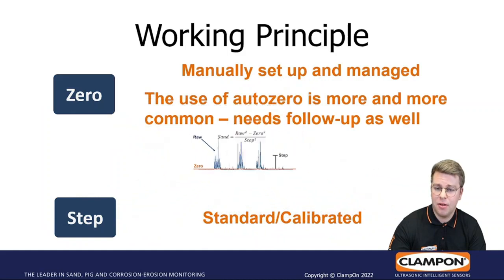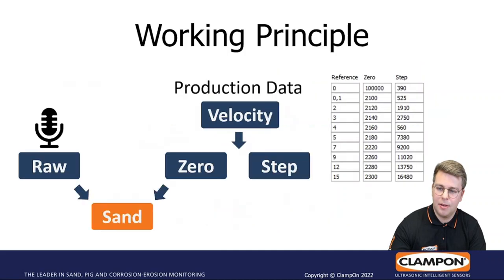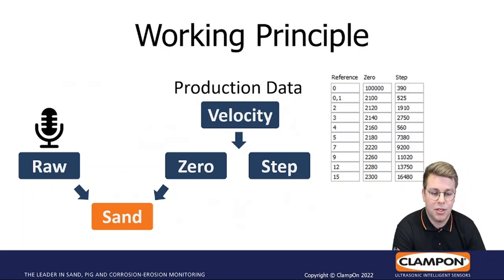The zero level is manually set up and managed. It's also common to use auto zero level, but this also needs follow-up. We have standard step values, and this is also able to be calibrated. So our sensor is working like a microphone, just as I have in front of me.